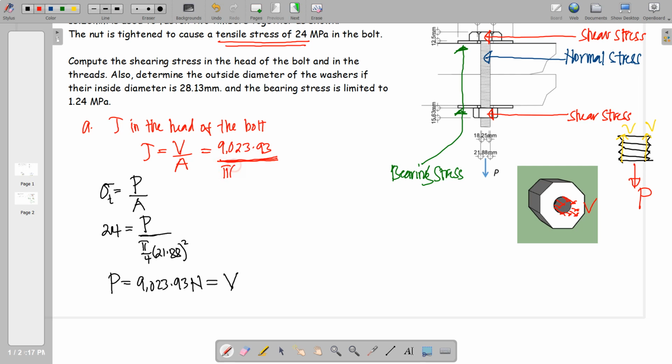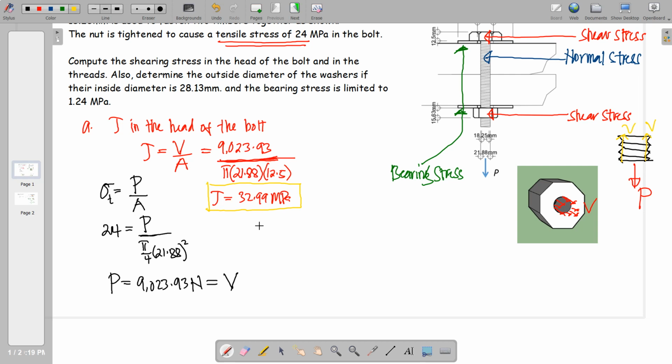So pi, the diameter is 21.88, okay, that is the perimeter, times the thickness, which is 12.5 millimeters. By division, the shear stress in the head of the bolt would equate to 32.99 megapascal, which is actually the first unknown in the problem.